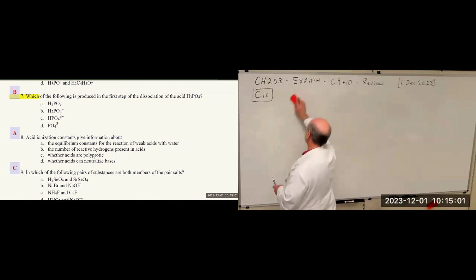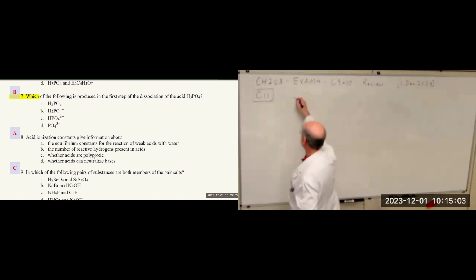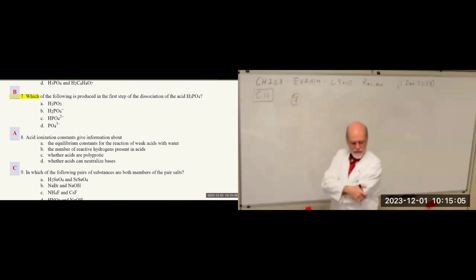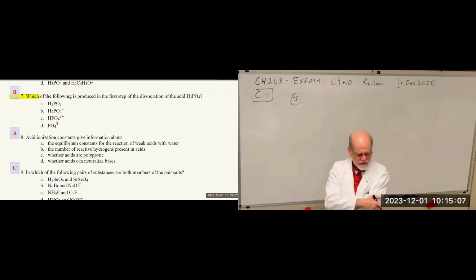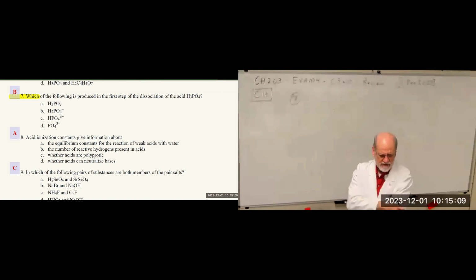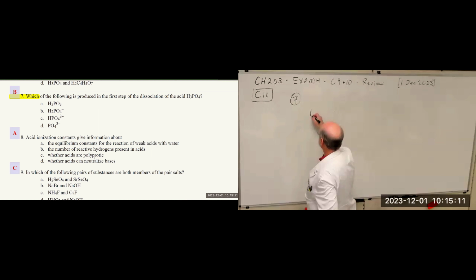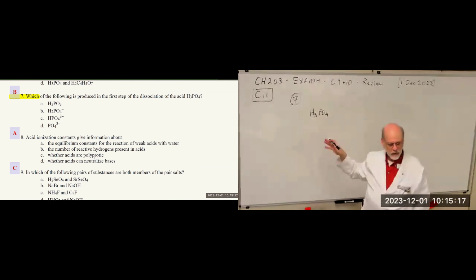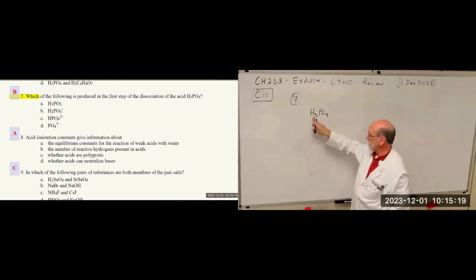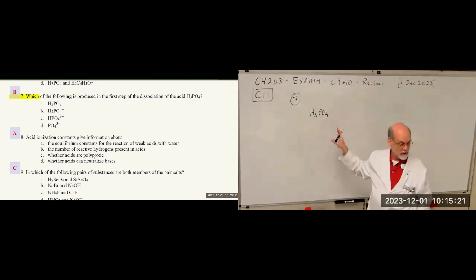7. Which of the following is produced in the first step of the dissociation of acid, H3PO4? Now, we're using an abbreviated form here. We know that this hydrogen has to be transferred to a water molecule if you put it in solution.